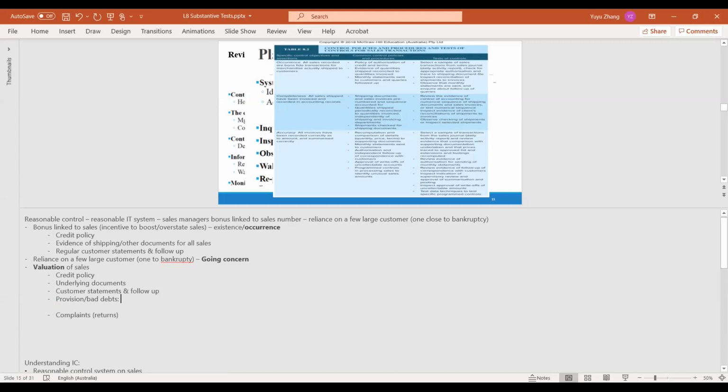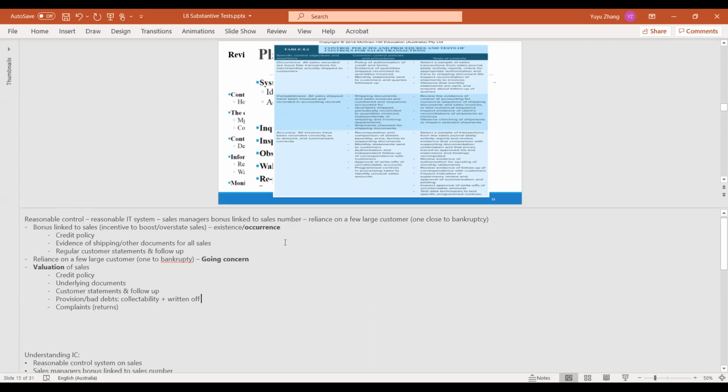So collectability is also something you want to clearly analyze. And also the written off procedures would be part of the important controls you need to consider.